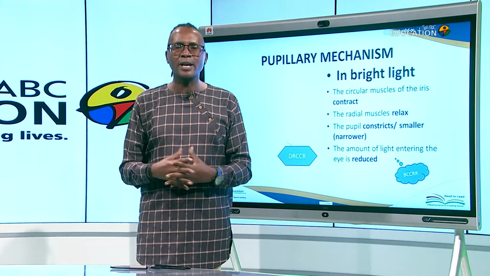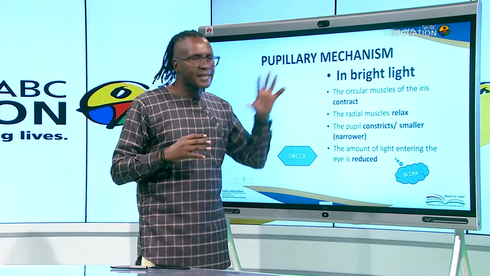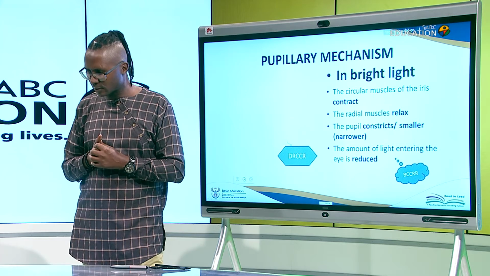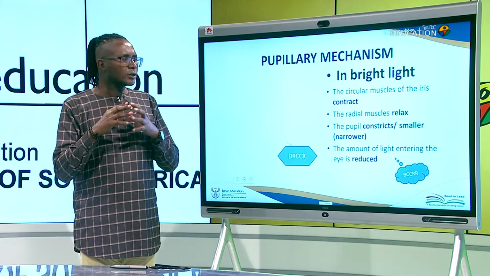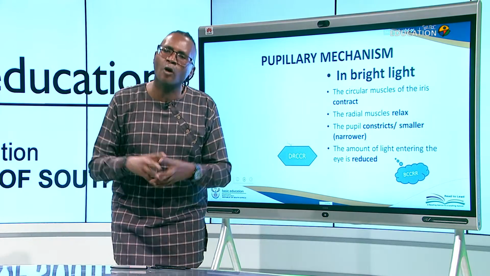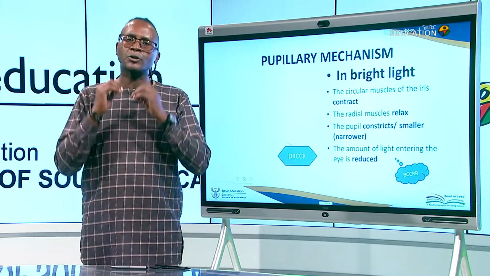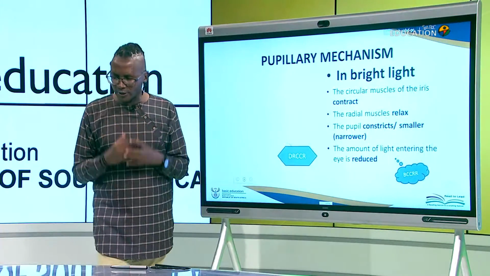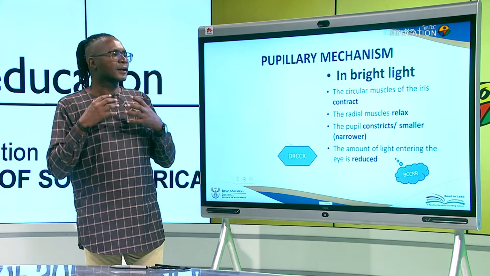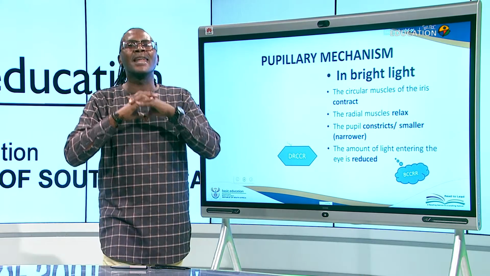What's happening during the day, in bright light? The circular muscles will contract. The circular muscles of the iris will contract. When the circular muscles of the iris contract, the radial muscles will relax.